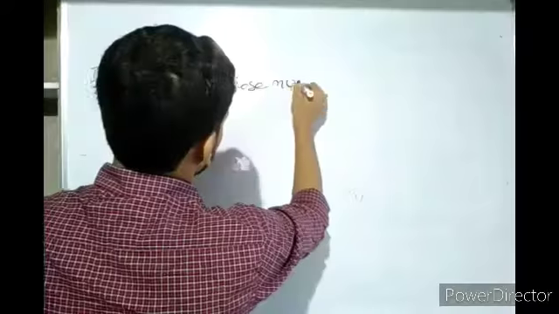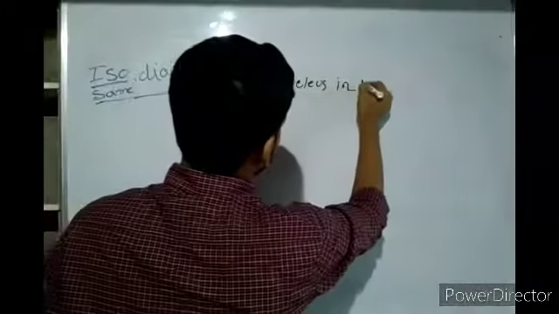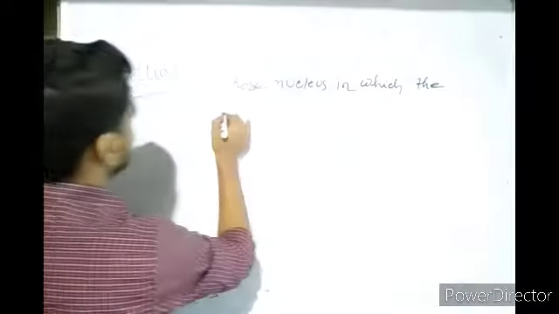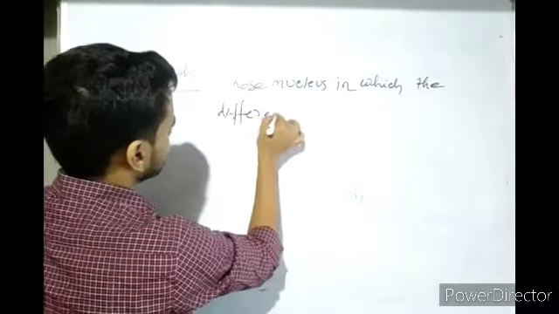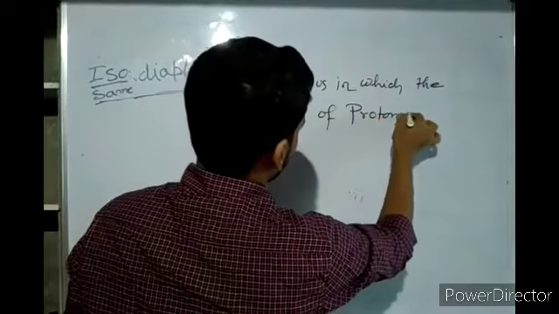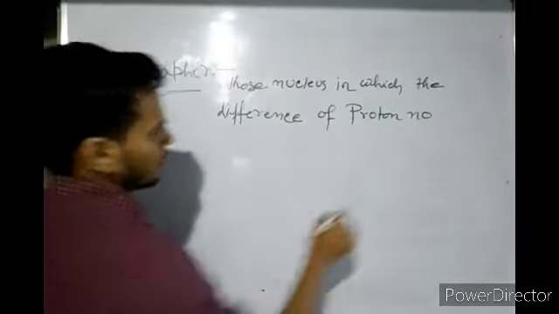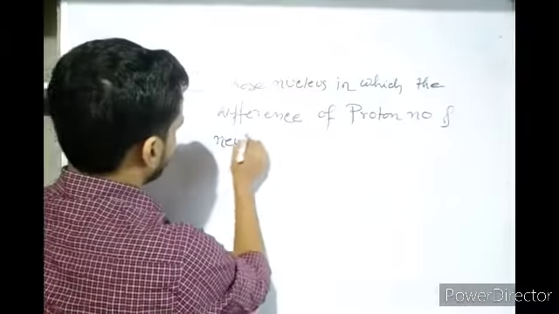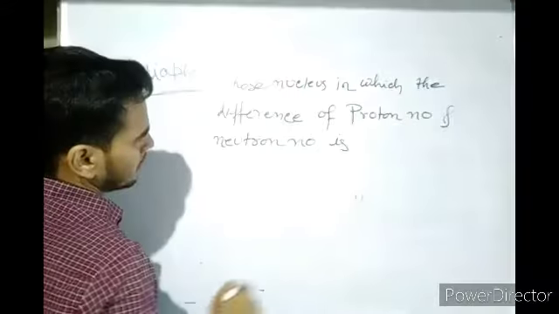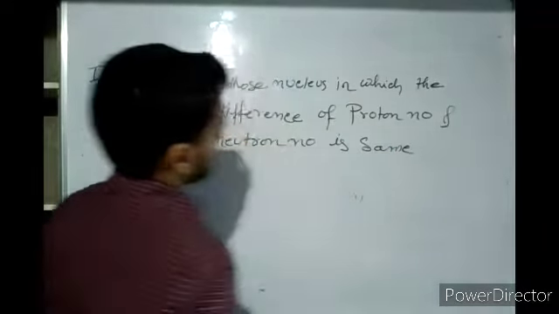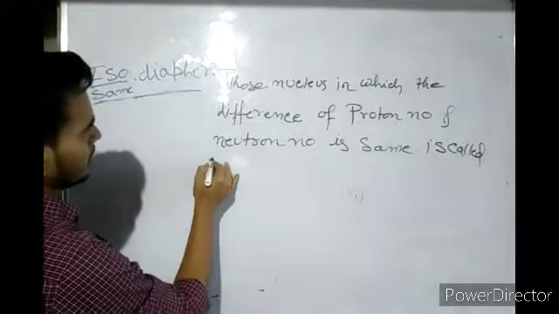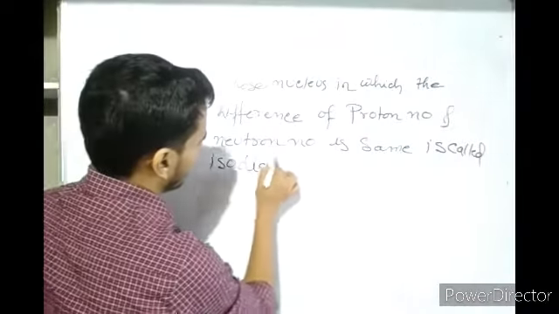Those nuclei in which the difference of proton number and neutron number is the same are called isodiaphers of each other.